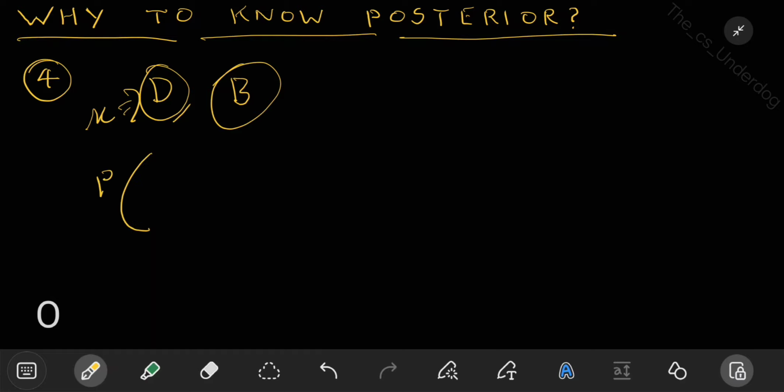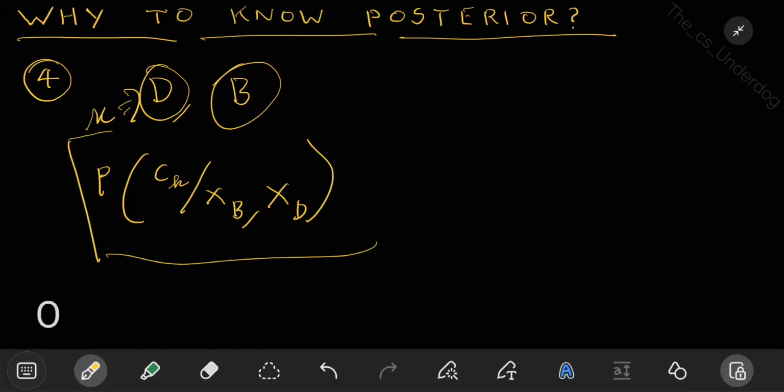You have to find the posterior P of CK given XB, XD, where XB corresponds to body language and XD corresponds to dressing. This is the final posterior that you want to find.